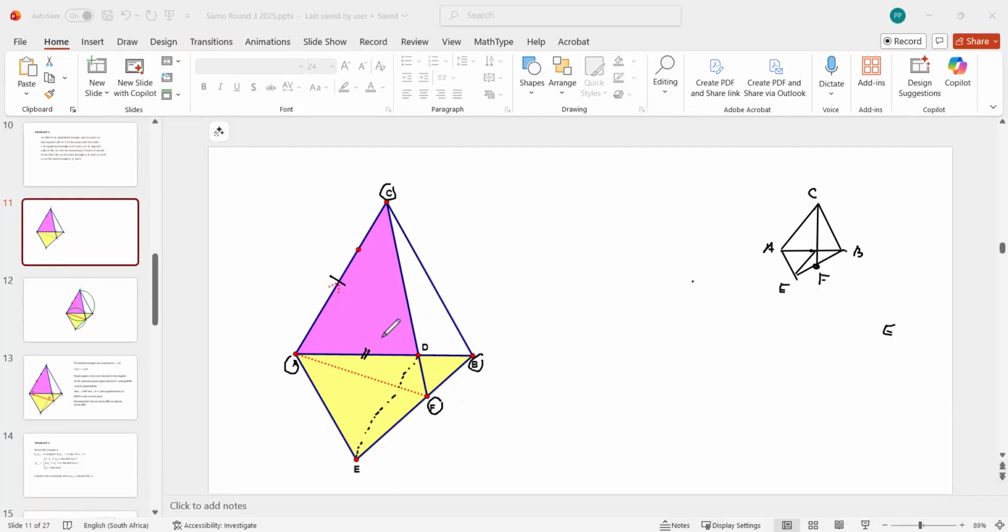The purple triangle has got a side of the large triangle as well as the side of the small triangle. The yellow triangle, this is a double stroke because this is an equilateral triangle here. And the other side of the yellow triangle is again the side of the large equilateral triangle.